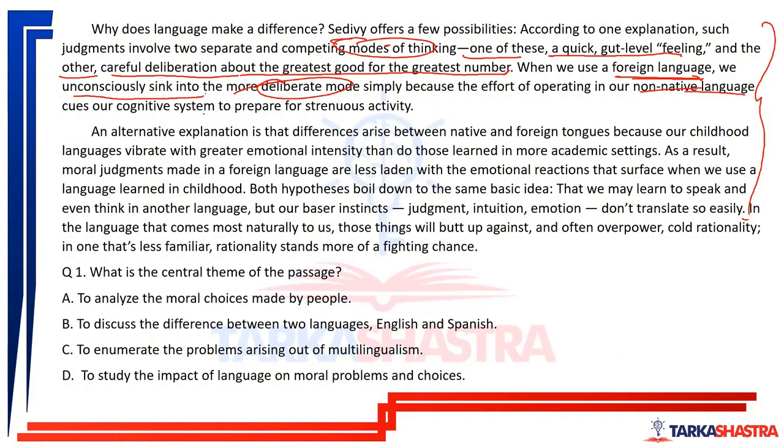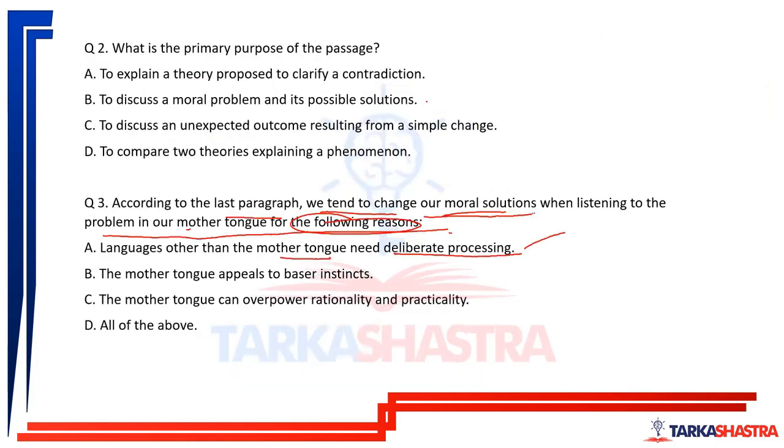Native language में our cognitive system does not need to do this. So they are saying that native language is more about gut feeling, quick response, so on and so forth. Okay, that is the idea here. So the correct answer here, the first option seems to be all right.